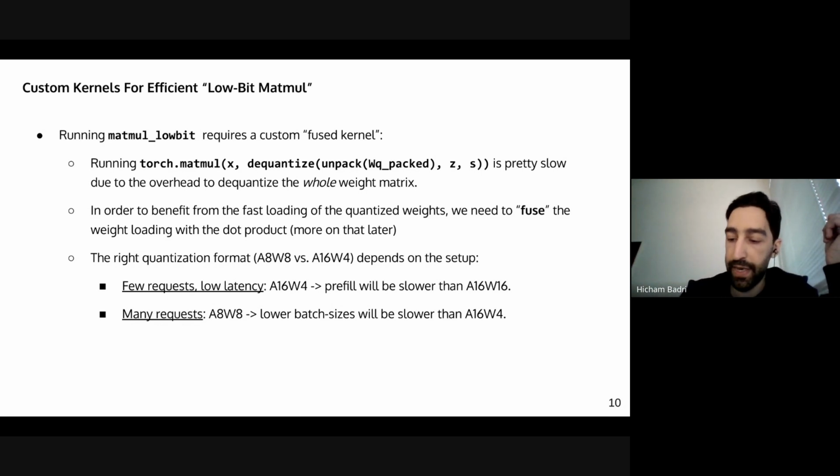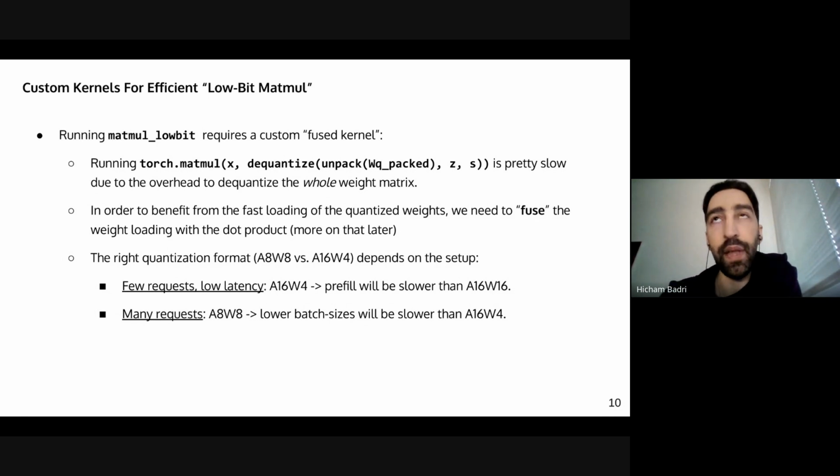Before talking about fusing this weight loading and dot product, there's a very important concept to understand, because this concept will actually change the way we write kernels and the way we choose the quantization method.